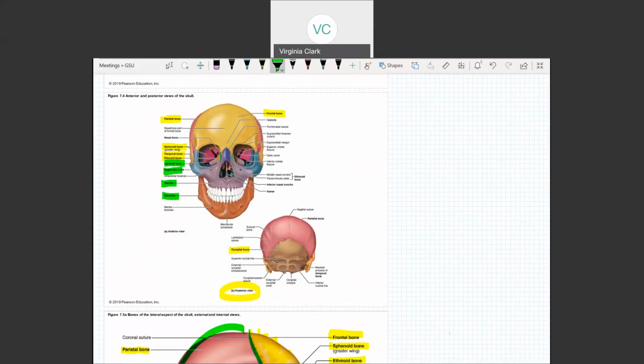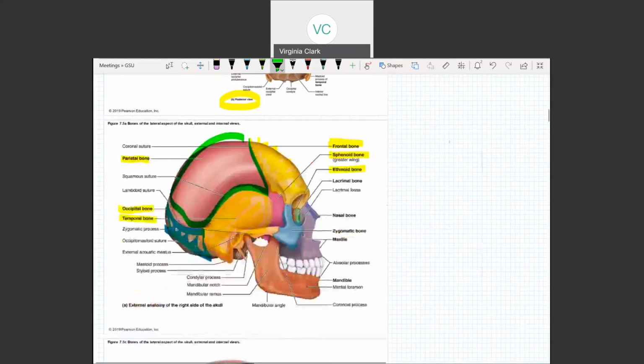Your mandible, which is going to make up the bottom half of your jaw. Your vomer, which is posterior to your nose. Your inferior nasal conch, which is also going to make up part of your nose. So you can kind of see where all of these bones come together. And then you have your nasal bone up there.